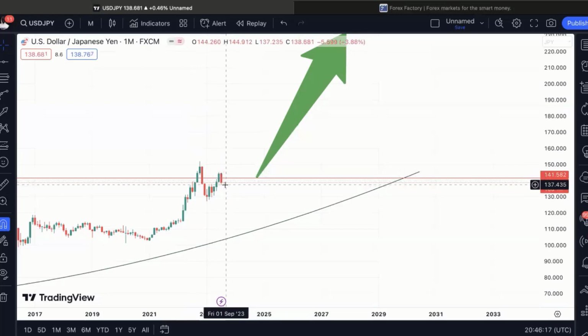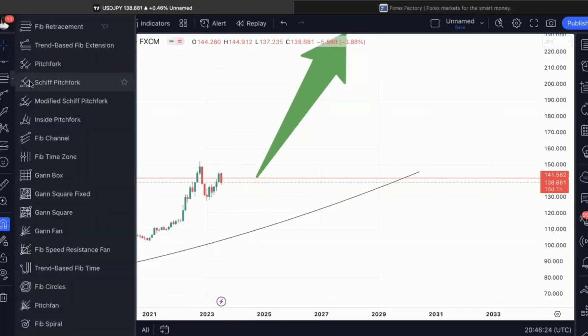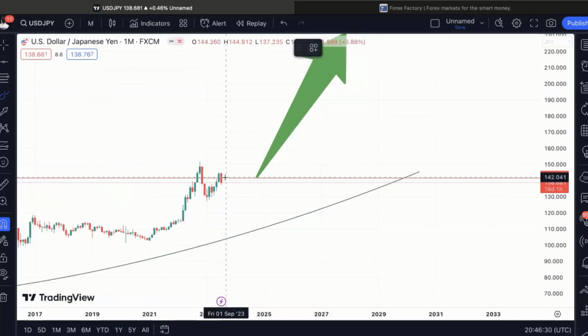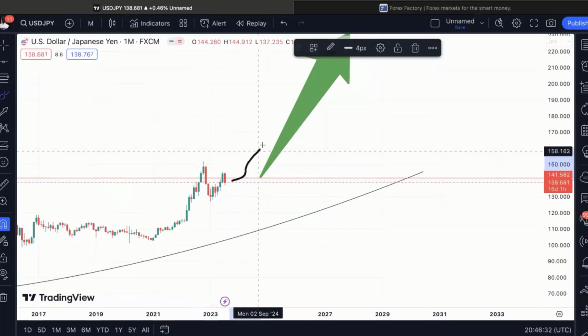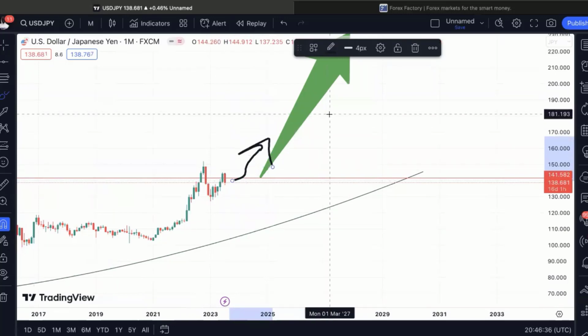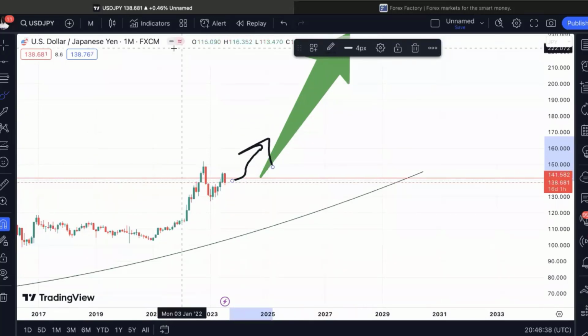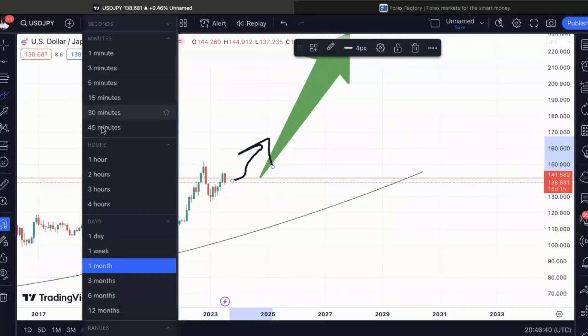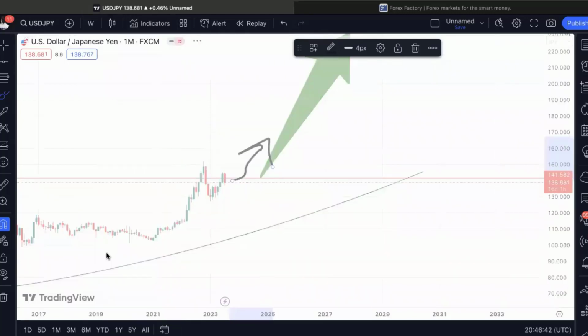This month, before this month runs out, we will see some momentum coming in here, and we'll see the market on a bullish run. All right, so let's look at it on the weekly time frame.